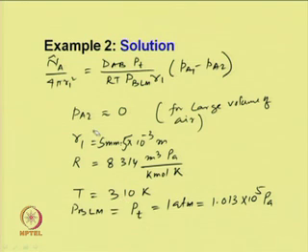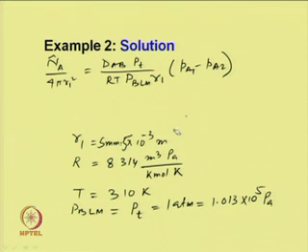So, PA1 is 50, which is given, and PA2 is 0, we are assuming for large volume of air.